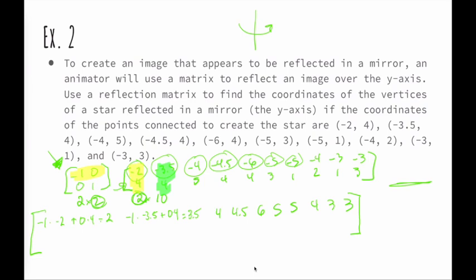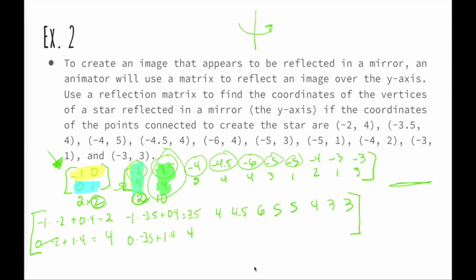And then we multiply the second row of the reflection matrix by the first column of the vertex matrix. So we get 0 times negative 2 plus 1 times 4, and that's just equal to 4. Then we do it for the next column: 0 times negative 3.5 plus 1 times 4, and that's also 4.